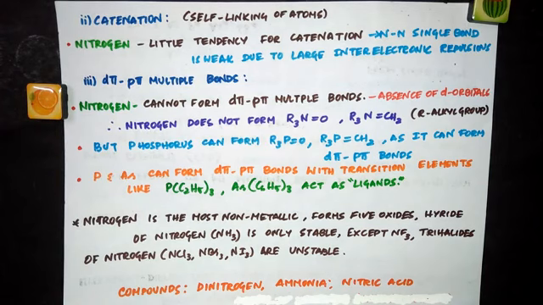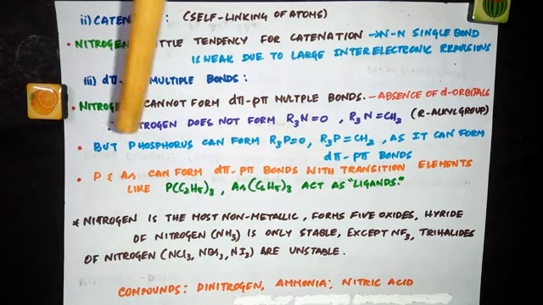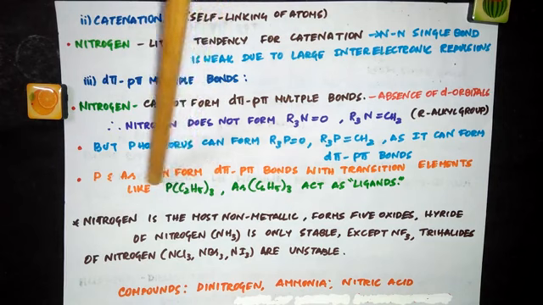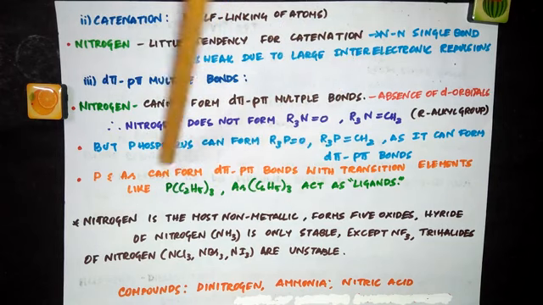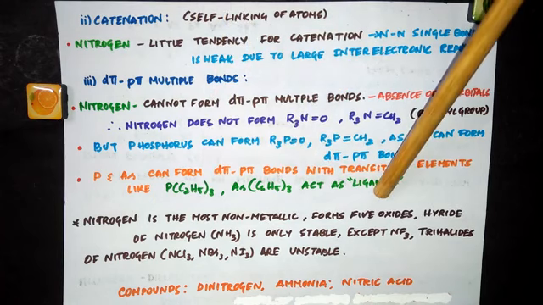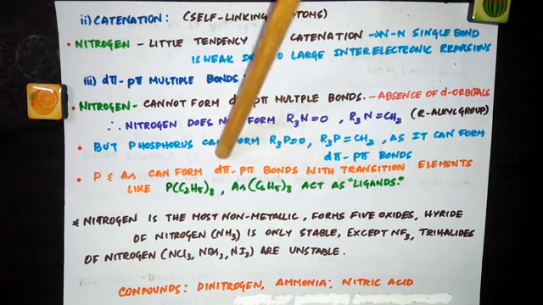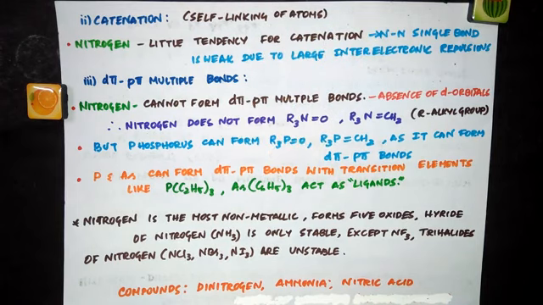You know what are transition elements? We have seen in coordination compounds, d block elements, the metals, can coordinate with ligands to form coordination compounds. So when phosphorus and arsenic form compounds like P(C2H5)3 and As(C6H5)3, when these compounds act as ligands, then phosphorus and arsenic can form dπ bonds with transition elements.